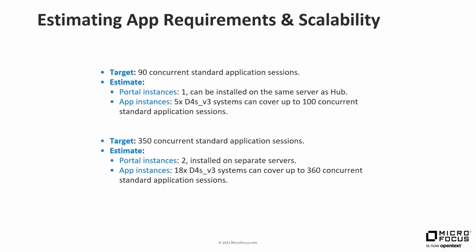Now, you don't have to use this D4S V3 system. We have had a customer set up a mega server, which is basically using 2 CPUs with, I think, 24 cores each, and hyper-threading, which basically doubles the number of cores through virtualization of the threads.